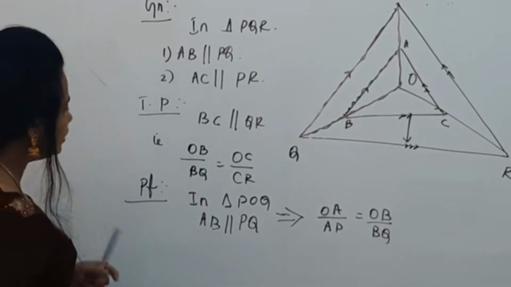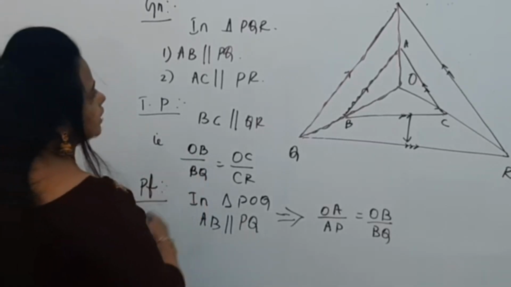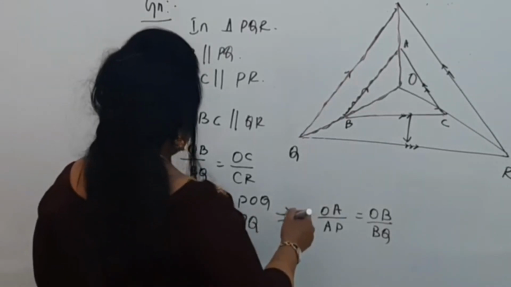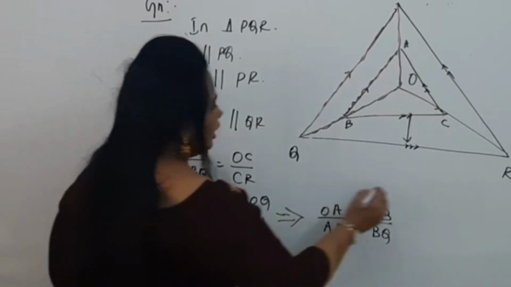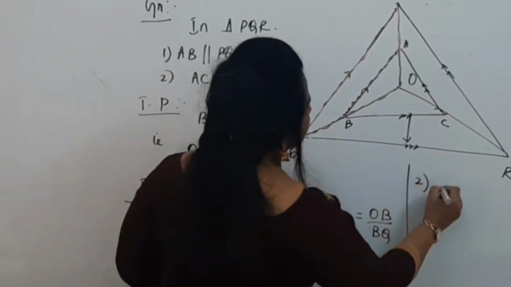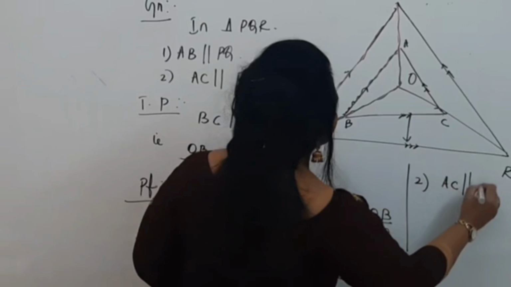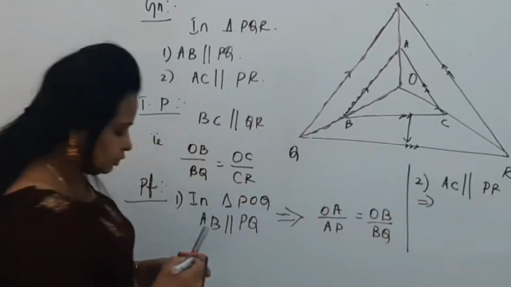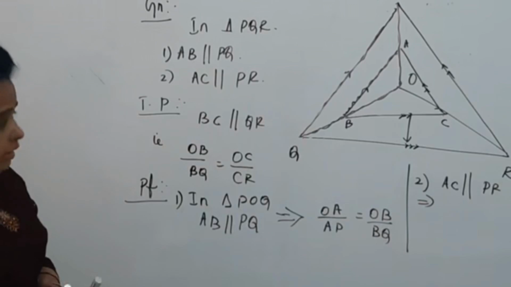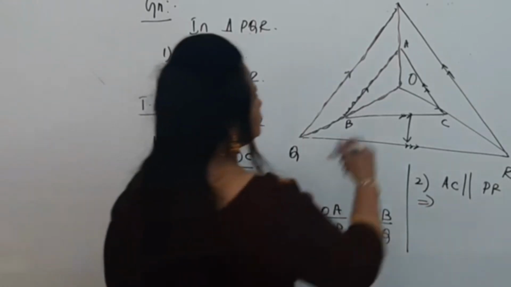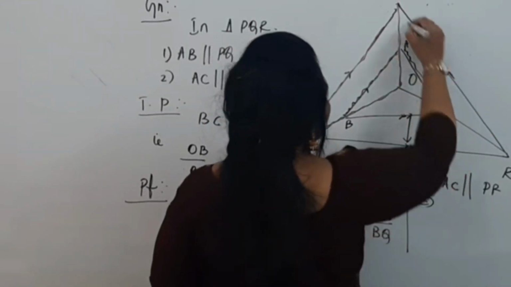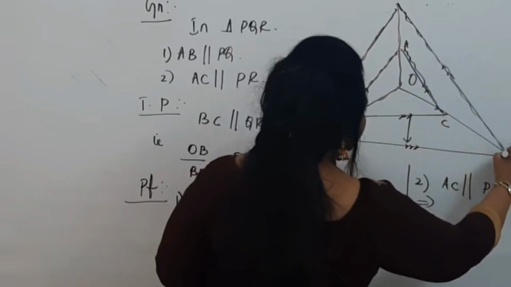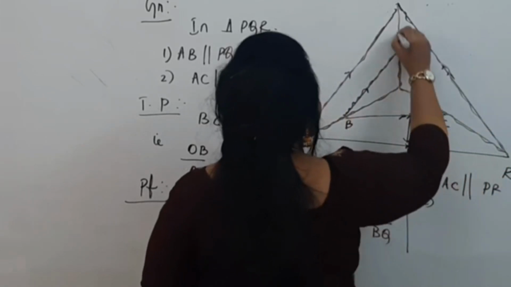Now I go for the second triangle, that is AC parallel to PR. Where is my triangle? Pick up your triangle. So AC, this one, is parallel to this one.